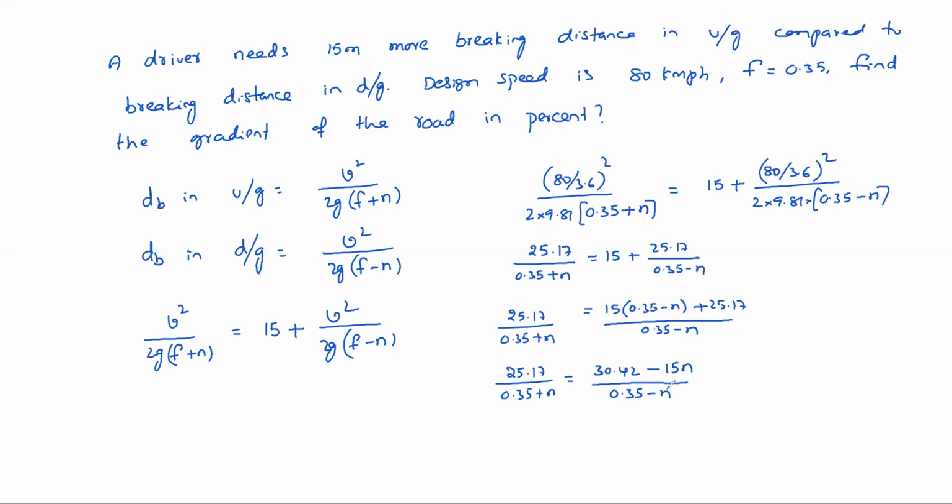So cross multiply: 25.17 into 0.35 is 8.8095, minus 25.17n, equals 30.42 multiplied by 0.35.